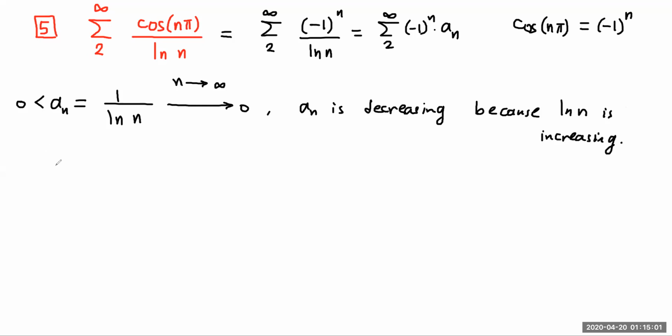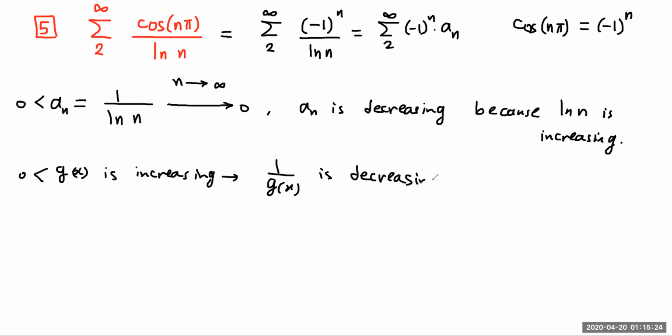So in general, remember that if we have a function j(x) that is increasing and positive, then 1 over j(x) is decreasing. Why? I suppose this is f(x), so f(x) equals 1 over j(x), which is always decreasing.